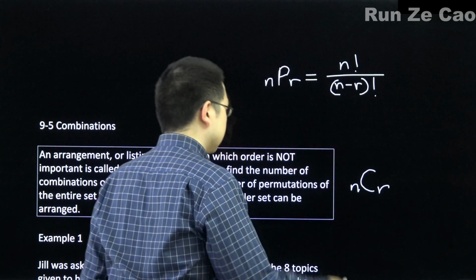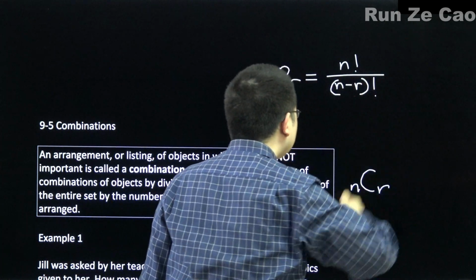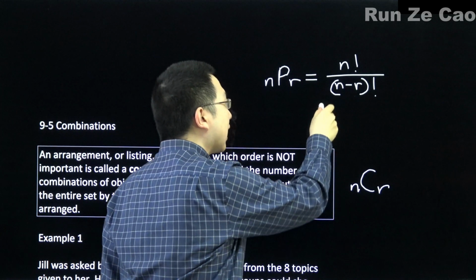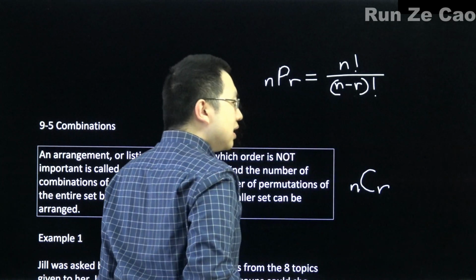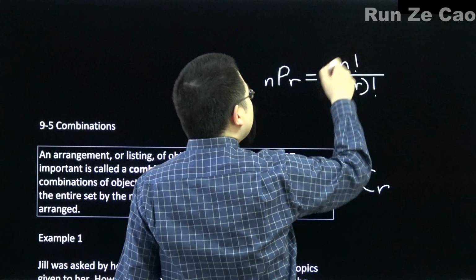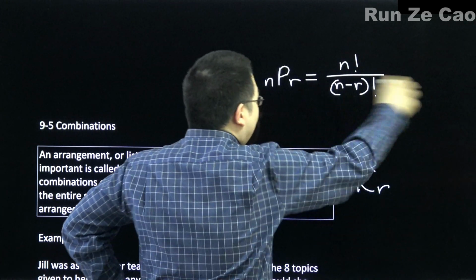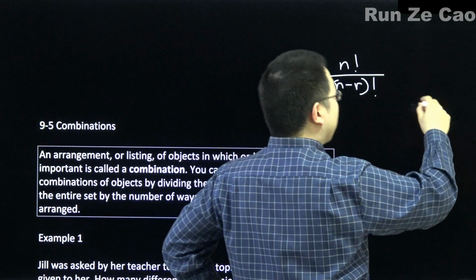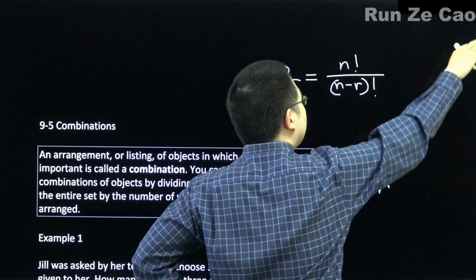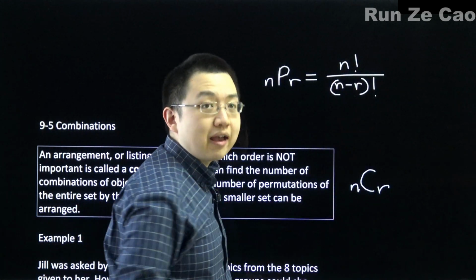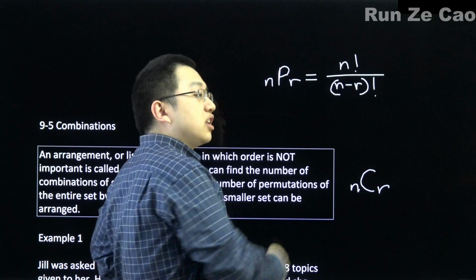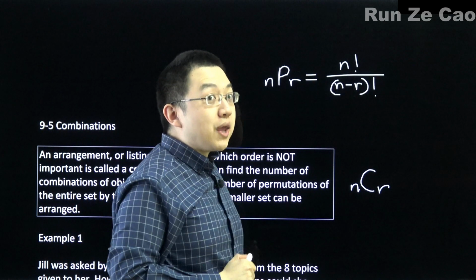We know that's going to be 9 times 8 times 7. Wait a second, what's 9 minus 3? That's 6. So it was 9 factorial, so 9 times 8 times 7 times 6 times all the way to 1, divided by 6 times 5 times all the way to 1. That canceled out all the rest after the 9 times 8 times 7. This is the algebraic expression for n pick r.